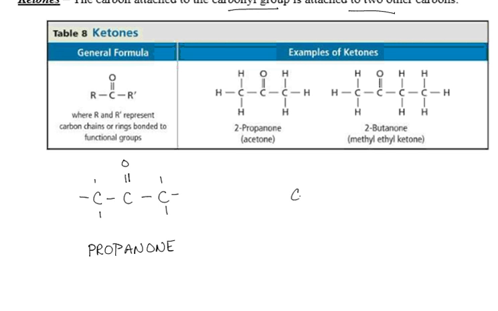Now here you may need to have a number for the double bonded oxygen. So in this case, to show that the double bonded oxygen is on the second carbon, because it could have been on the third, this is called 2, it came from pentane, 2-pentanone.